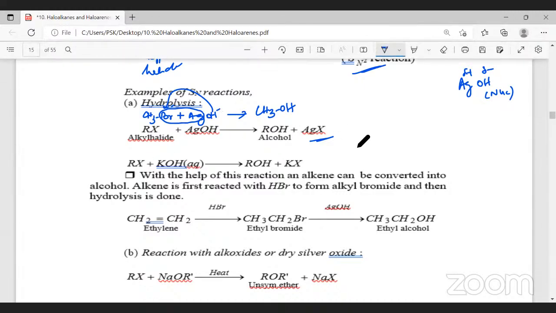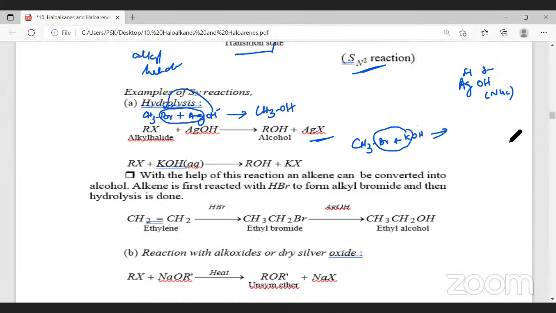Similarly, if you perform the same reaction with KOH, methyl bromide reacts with KOH, Br and K get eliminated as KBr. In place of Br, OH goes. Therefore, you get CH3OH.